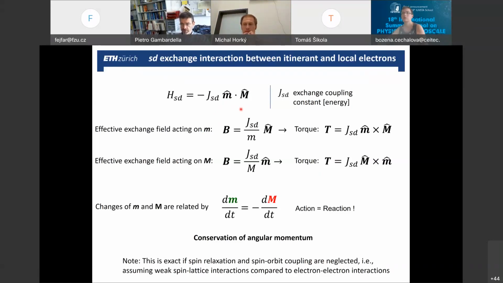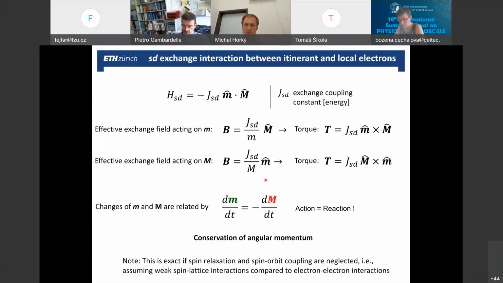So there is an effective exchange field acting on the non-equilibrium magnetization that is aligned with the local magnetization in the ferromagnet, that corresponds to a torque, and an effective exchange field acting on the local magnetization that is parallel to the non-equilibrium magnetization.